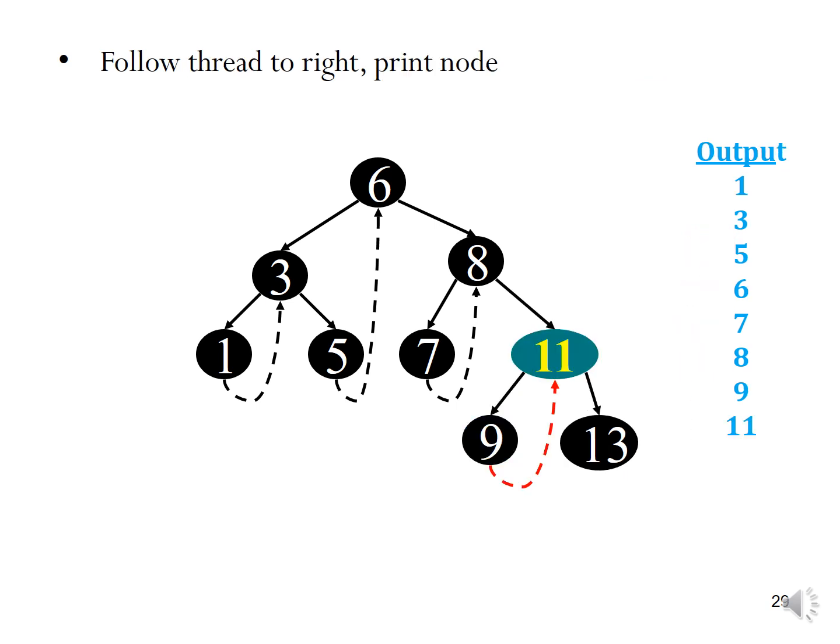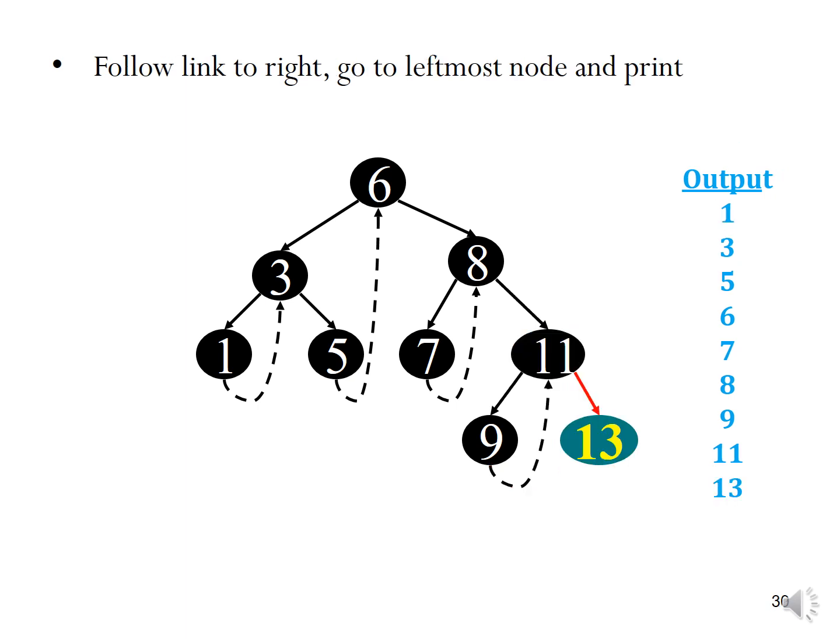Now we will follow the thread which points to 11, which is the in-order successor. After that we will print it. 11 will be printed. We will follow the link to the right of 11, go to the leftmost node and print.